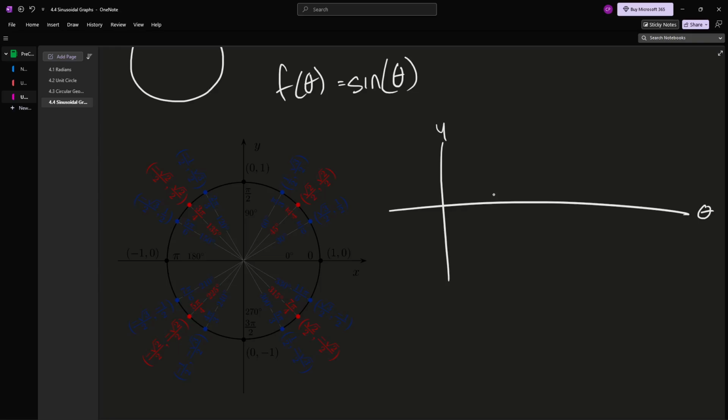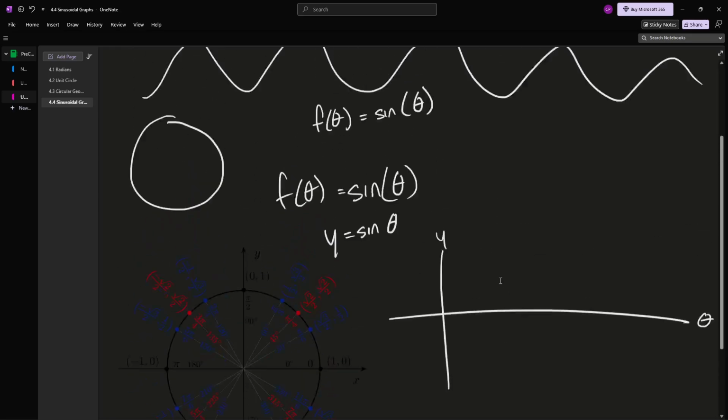So when I have 0, we want to reflect back. Think for a second, which coordinate value, your x or your y, is related to my sine value? We should see that our sine is actually my y. Y equals sine of theta.